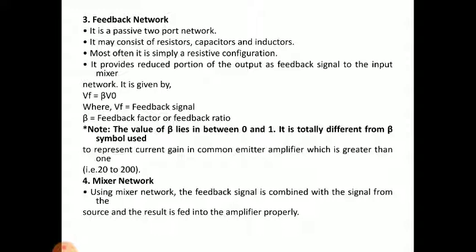Why is it called input mixer network? Because the feedback output is connected to the mixer network. So mixer means here it will mix at least two signals. One signal is from the source and another signal is from the output of feedback network. So the feedback voltage Vf is given as beta times V output.